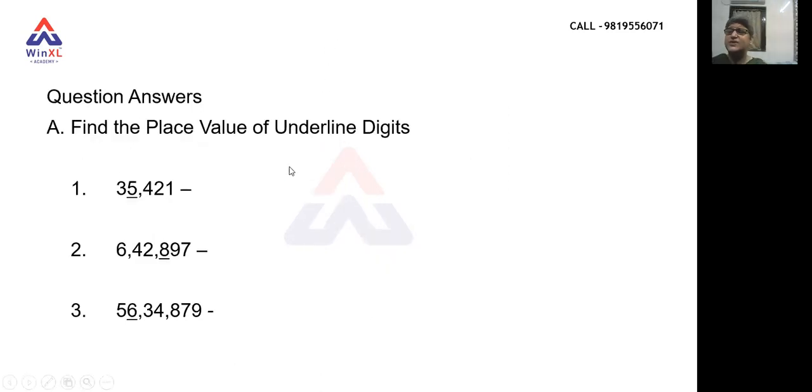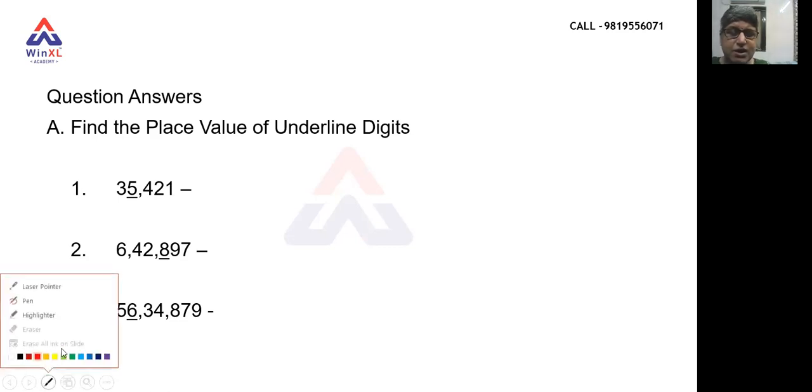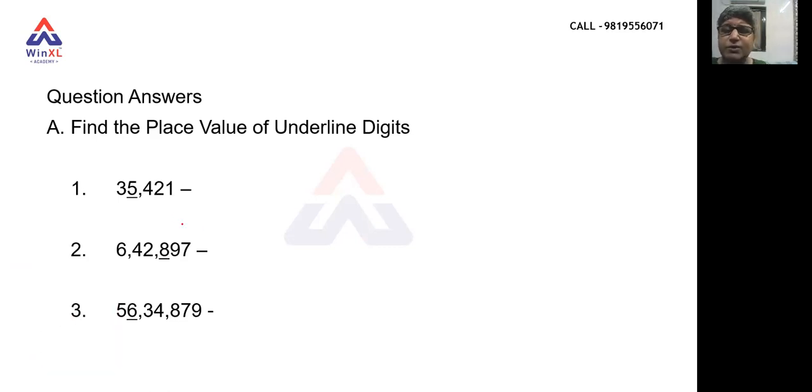Now, which questions come on place value? The first question is to find the place value of the underlined digit. To find it, we write down the places of each digit.